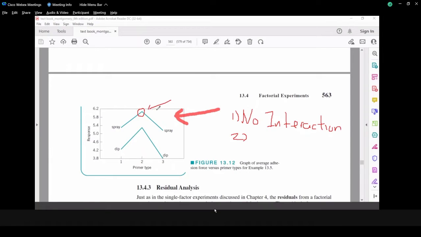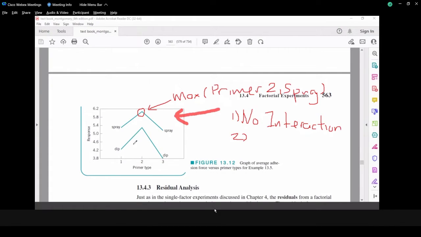That means you must select primer type 2 for your SOP, and then you must use the spray process in order to maximize the force.